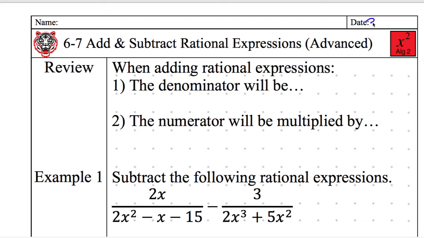Date is correct, 3/1. All right, so when adding rational expressions, the denominator will be, use that word that we were using yesterday. It had 3 letters to abbreviate it. Starts with an L. Yep. The LCM. The LCM of the denominators, right? And then the numerator will be multiplied by what?